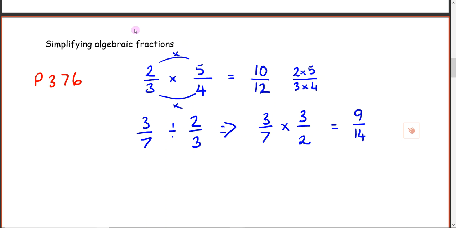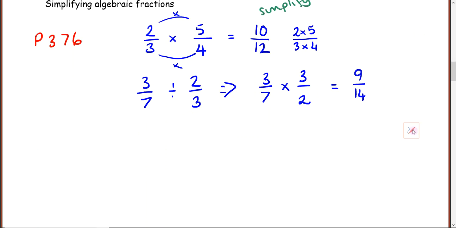What about simplifying though? Can we simplify that before or after? Either. We can simplify this one. How do we simplify it then?